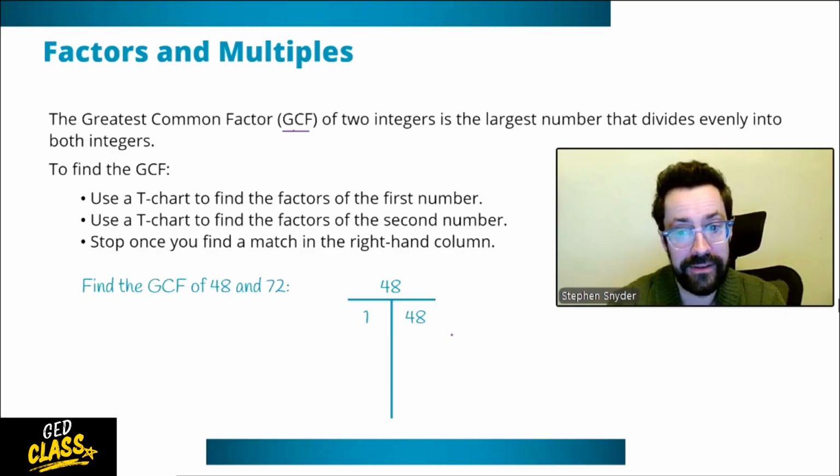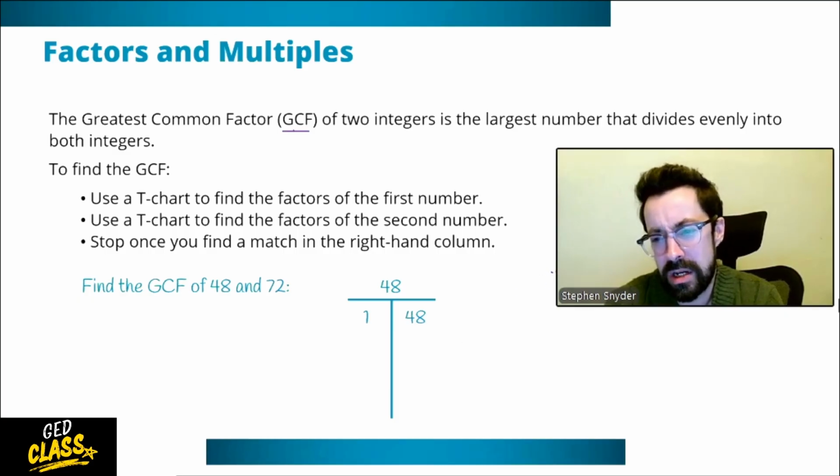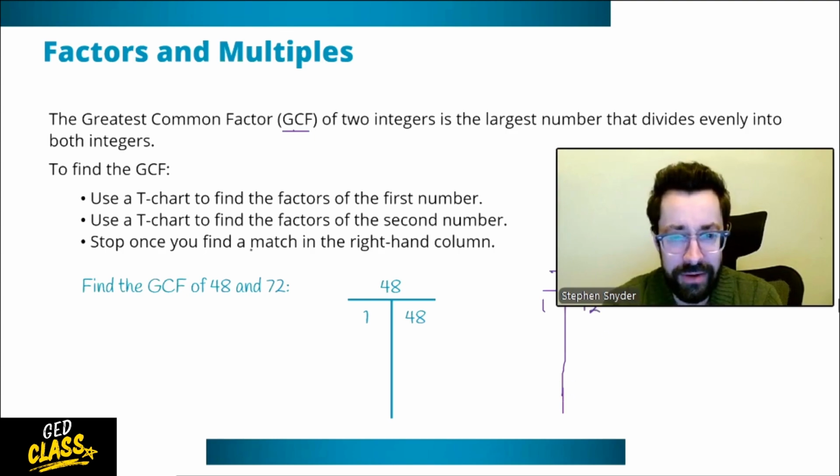A difference between what they're doing, the way they did this animation, is that I would start with 72 already, and go, okay, let me do 1 and 72. Now let's keep going with the bigger one, because I want to stop as soon as I find a big one. What's the biggest one they're both going to have in common?